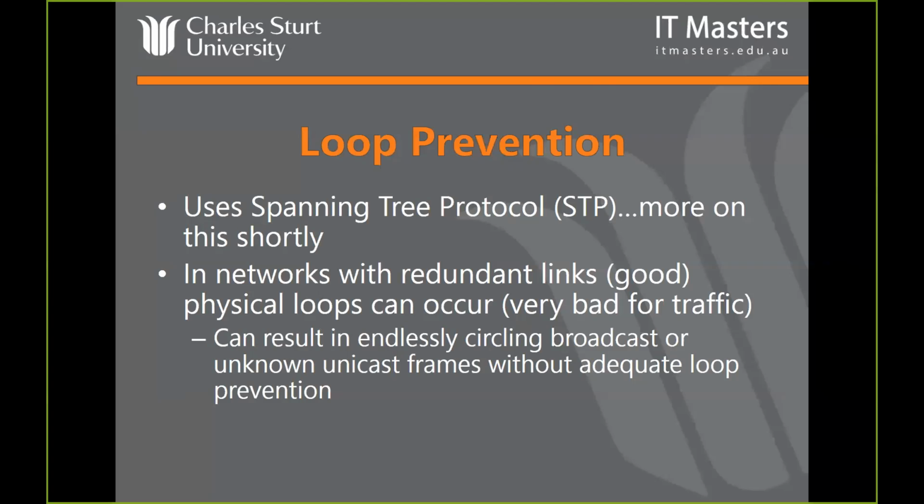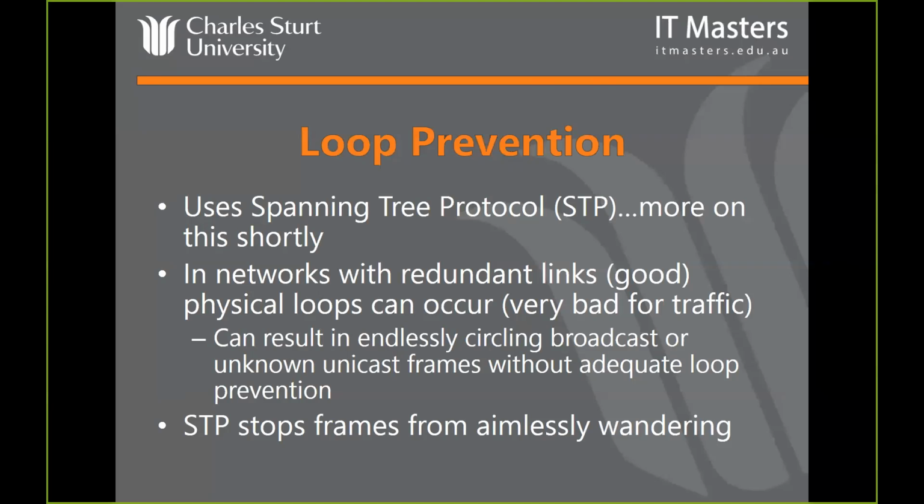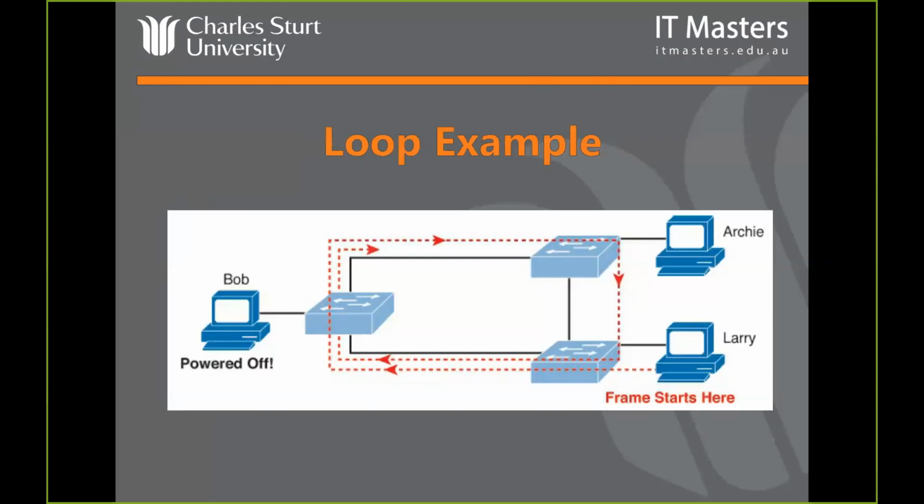But certainly the capability to require physical loops is obviously much more needed now than it has been in the past. And so loop prevention stops things from aimlessly wandering, as I said. If we look at this example here, this is just a quick example of what a loop can look like. We've got some redundancy in terms of the paths available between all these hosts.